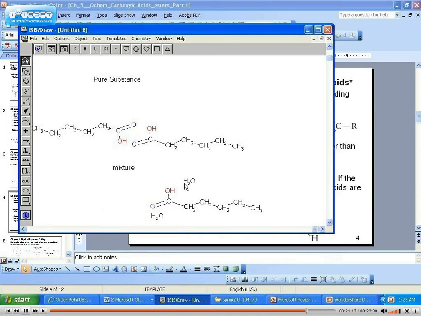Let's see if I can rotate that particular molecule around. Oh, I guess I can't. Oh well. And then the hydrogen on this alcohol oxygen is going to hydrogen bond with the oxygen. So this is a hydrogen bond dimer. Two hydrogen bonds, and they like to form a dimer.